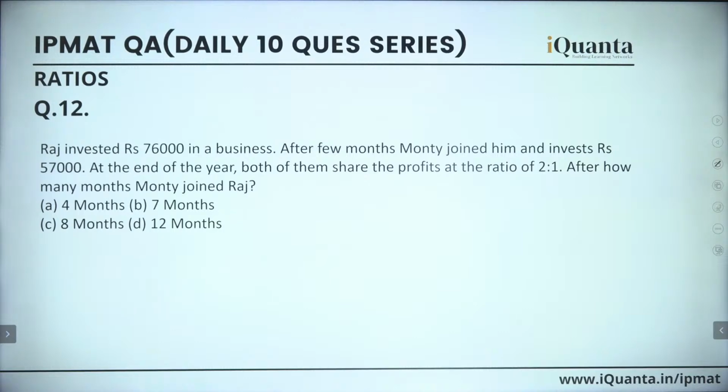Dhanishta, no, it's not correct. How is that possible? See, the total time is 1 year, and you are saying that Monty joined after 12 months? That's not even possible, right?